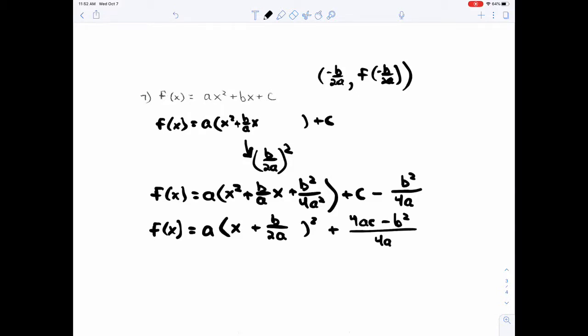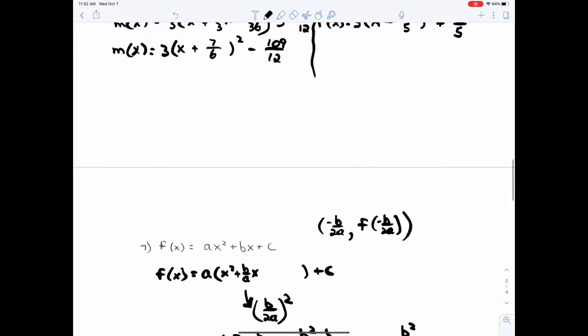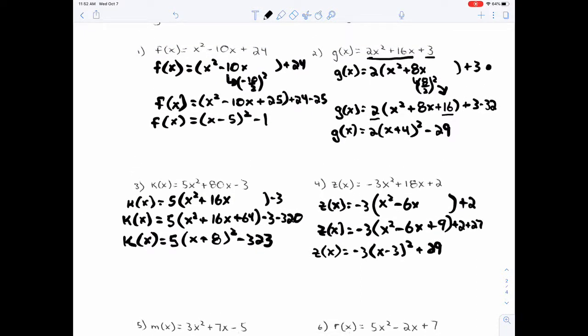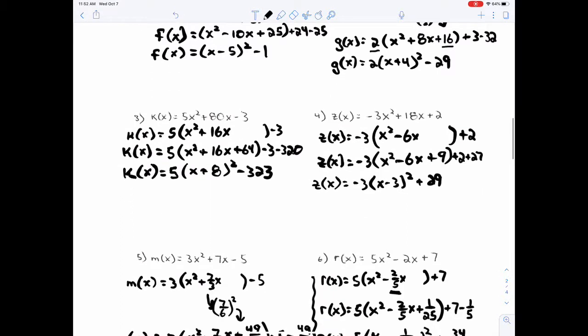Okay, what's the vertex for this thing? This is vertex form. Like here, on problem 1, what's the vertex? 5, comma, negative 1. Number 2, what's the vertex? Negative 4, comma, negative 29. Number 3, negative 8, comma, negative 323. It's just vertex form.